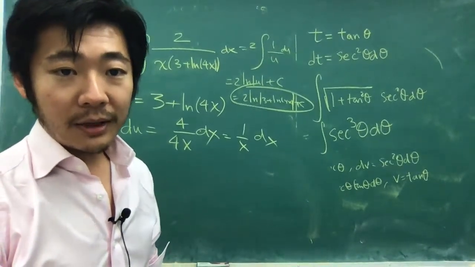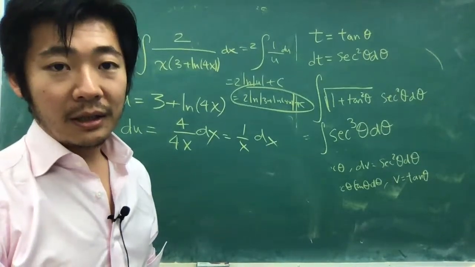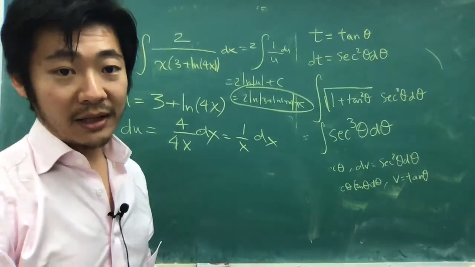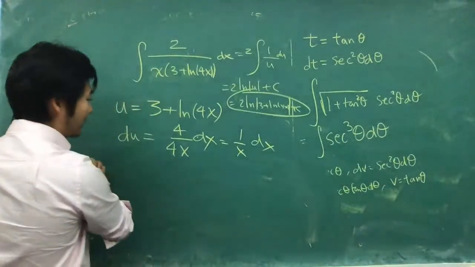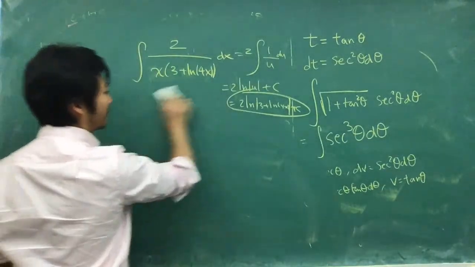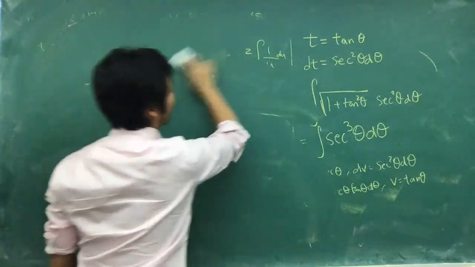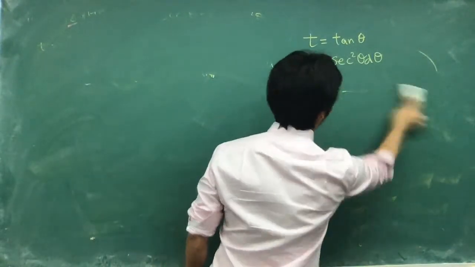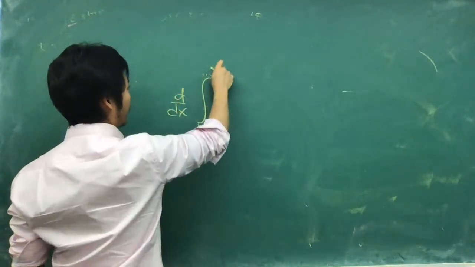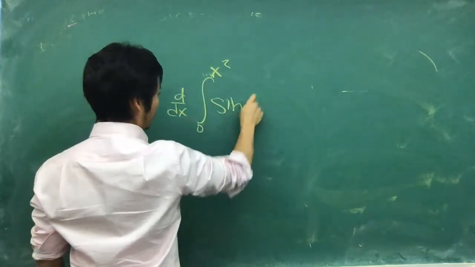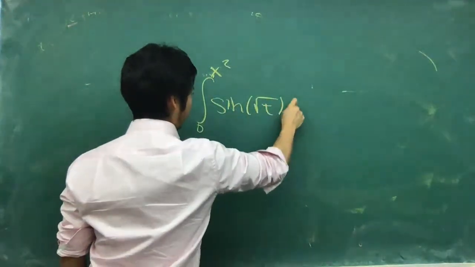Okay, the next one is a type of question that you might see on an online final, because this one is easy to ask and easy to answer. So the derivative of the integral from 0 to x squared of sine root t dt.